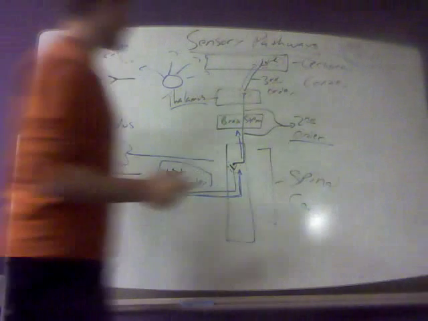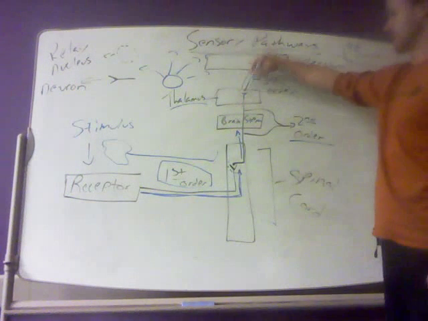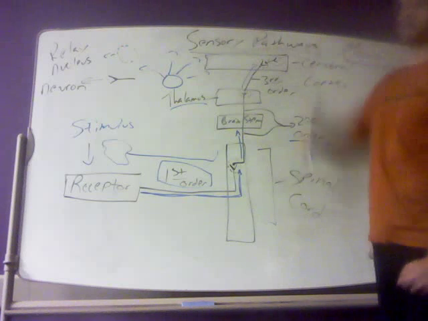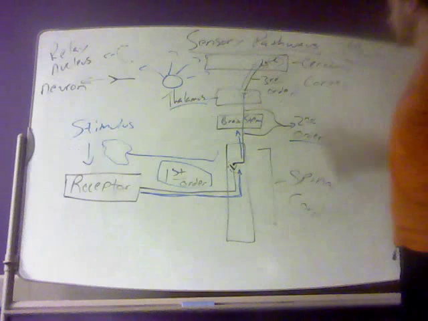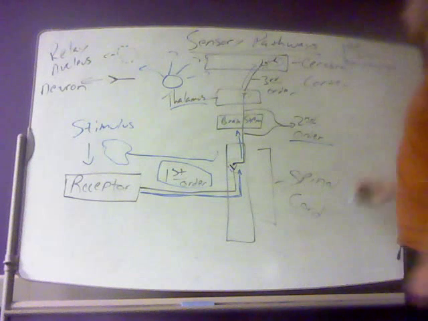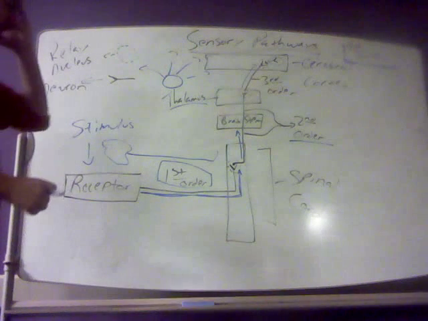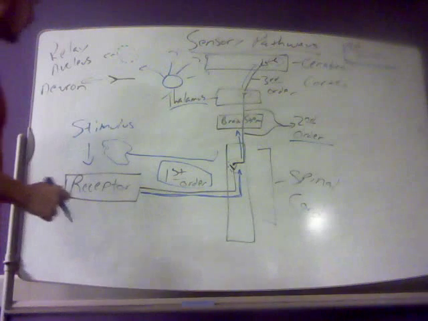And then once they reach the thalamus, other neurons are going to project out from the centers of the thalamus to the cerebral cortex. And then our conscious interpretation of the stimulus, the fourth order neuron is basically what's going on there, all right? So bear in mind, keep in mind about just how all this works.